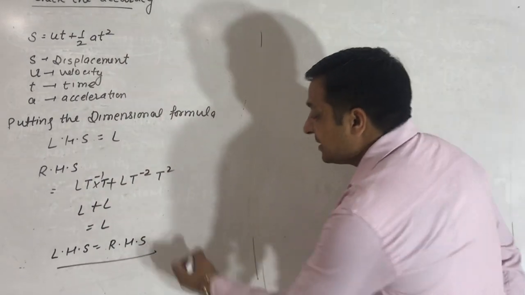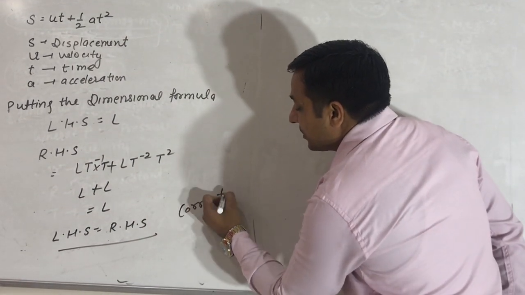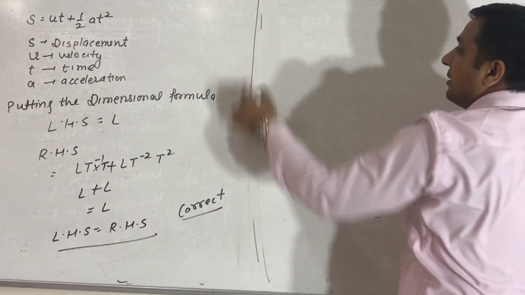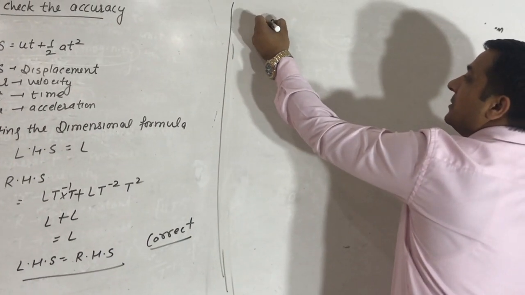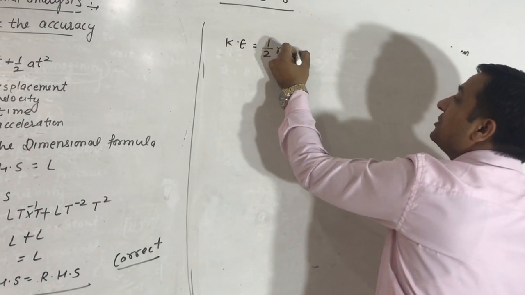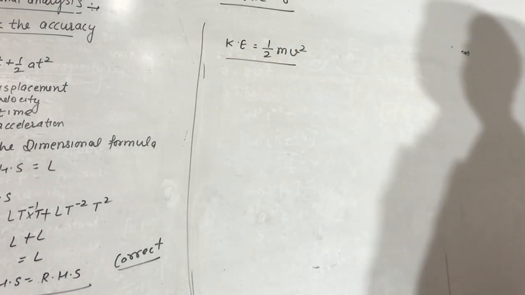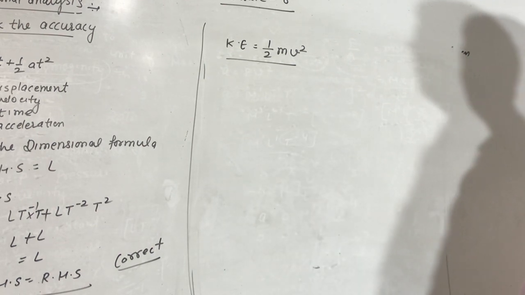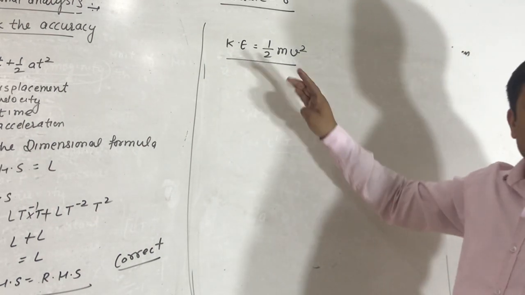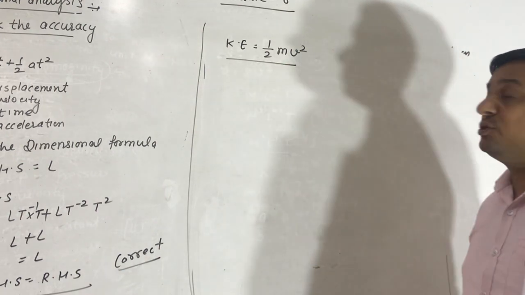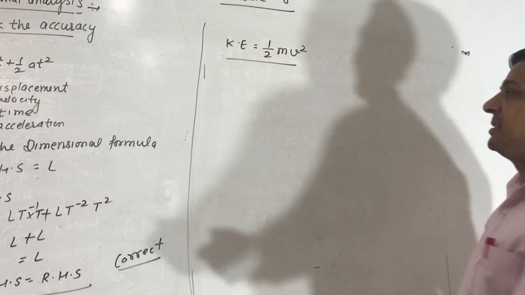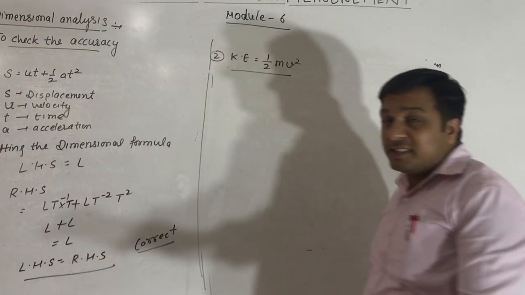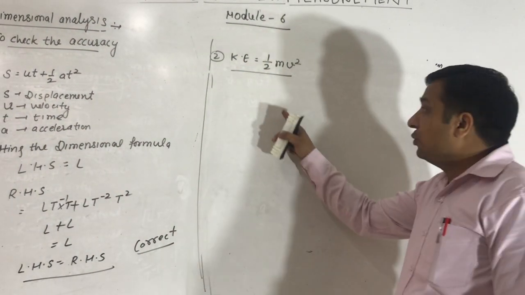So the equation is correct. You can check any equation, any formula, like kinetic energy, that is equal to half mv square. This is the very important formula of kinetic energy, half mv square. You will have to check whether the formula is correct or not using dimensional analysis. If we want to check whether this equation is correct or not, what should we do?